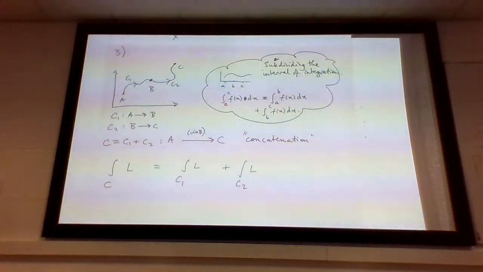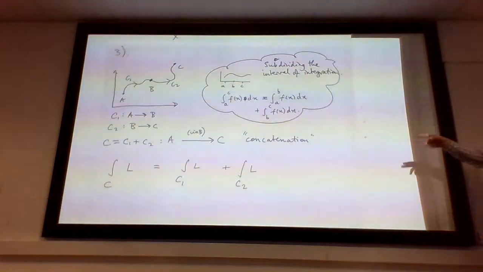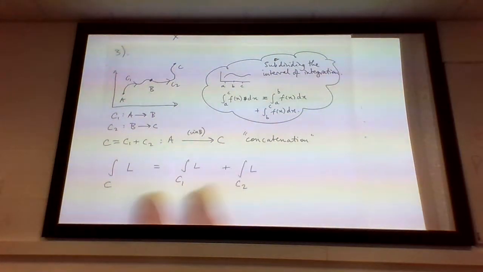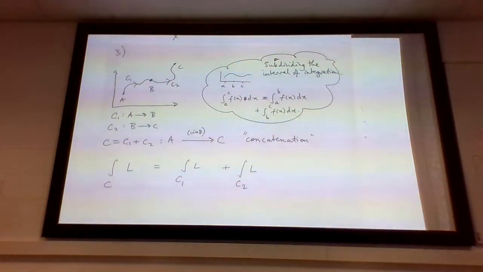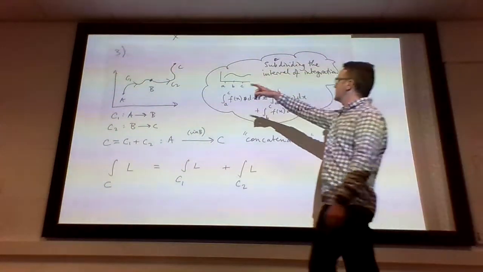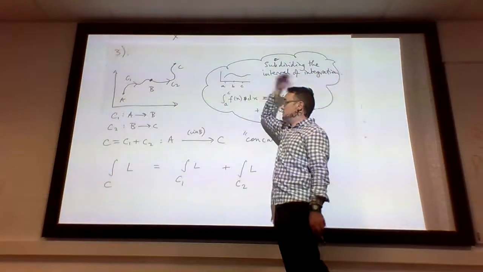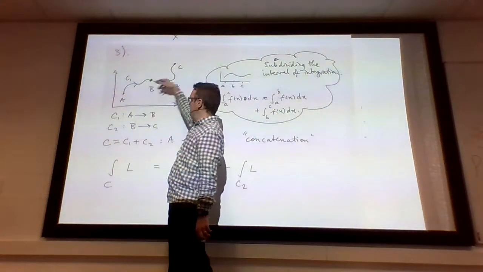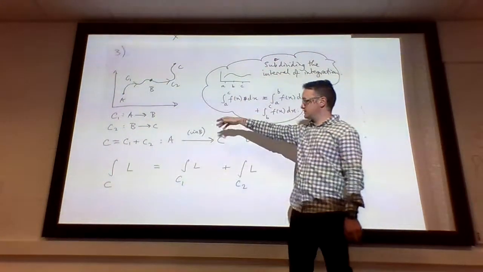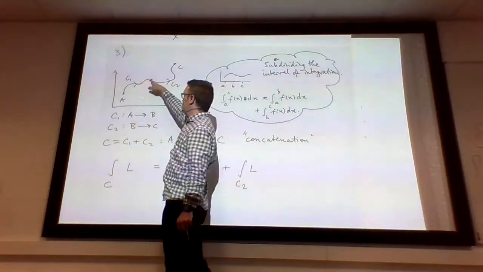Okay. So it's not quite the linearity. It looks kind of like the linearity property we had before, but it's to do with subdividing. Well, the single variable case was subdividing the interval of integration. Here, for the two-dimensional linear differential forms, it's subdividing the path of integration.